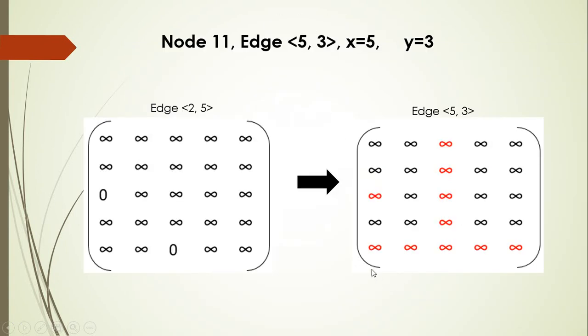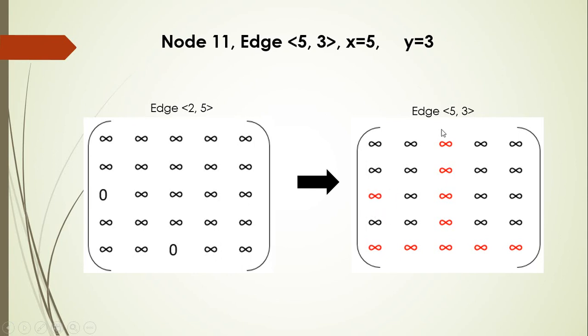Now the only remaining vertex is vertex 3, that is node 11. So calculate the cost for traveling 5 to 3. For this, consider the matrix which you got after 2 to 5. So for edge 5 to 3, make the fifth row, third column and 3 to 1 infinity.